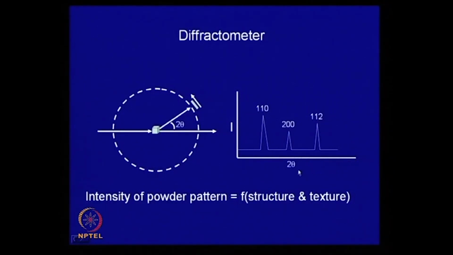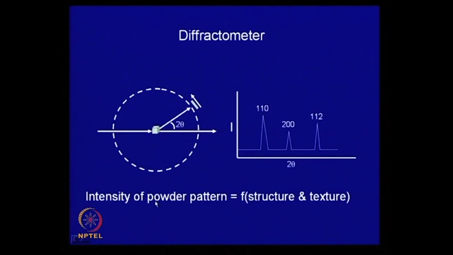At certain places you will find that suddenly you get a very intense peak, and the intensity of these peaks is a function of several factors. Apart from the indices of the plane, it depends on the reflecting plane and on the arrangement of grains in the structure of this particular material.